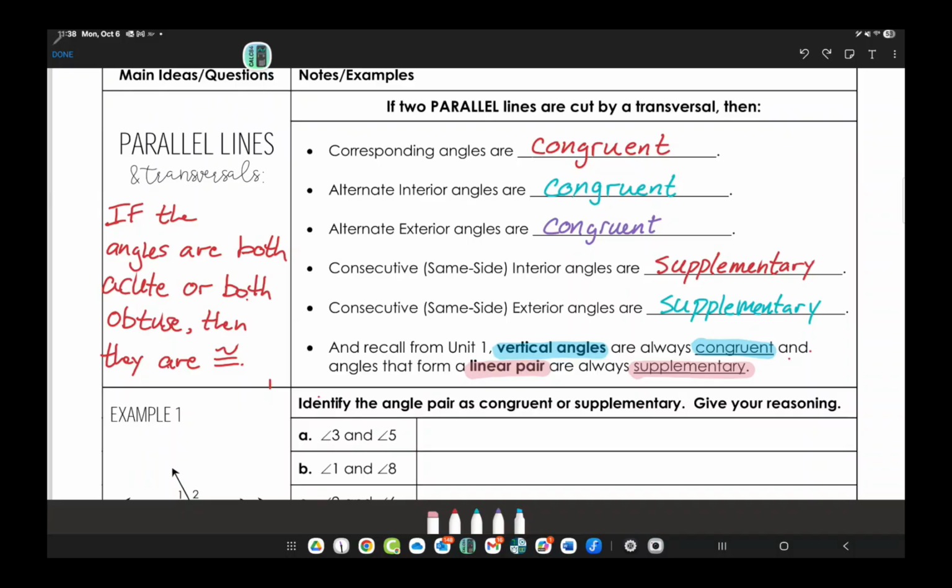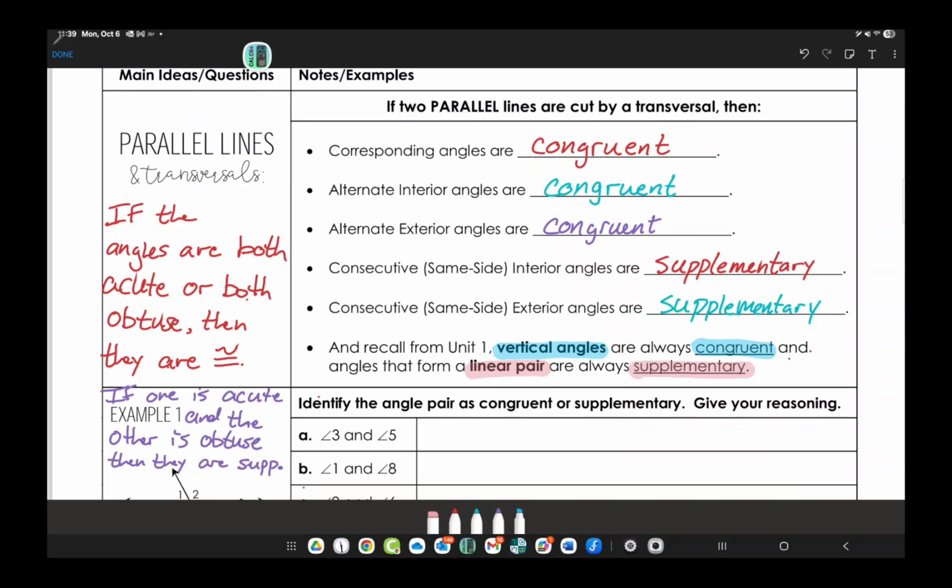All right. Now, if one angle is acute and the other is obtuse, then they are supplementary. So, if you just have no idea, then just look at the two angles.